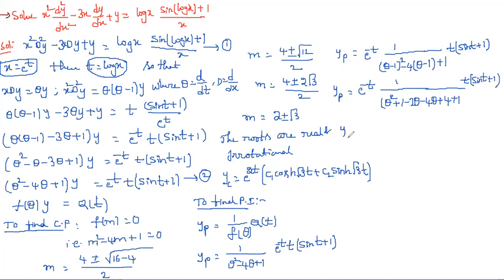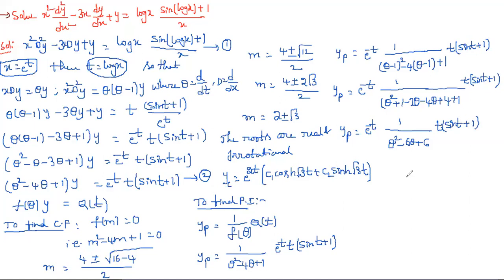And then yp is equal to e power minus t into 1 by, so this is nothing but theta square minus 6 theta plus 4 plus 2, that is nothing but 6. 4 plus 2 is nothing but 6. t into sine t plus 1.